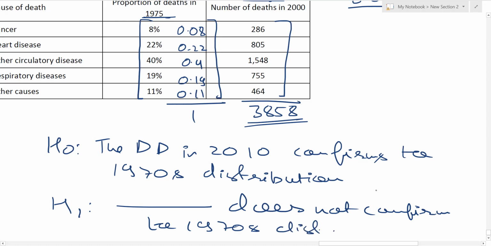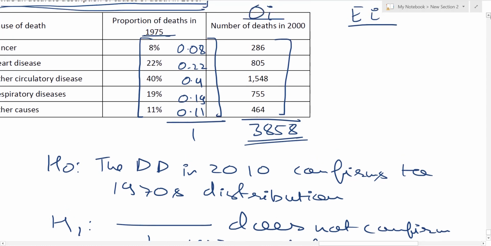This is the null, this is the alternative, very easy to understand.